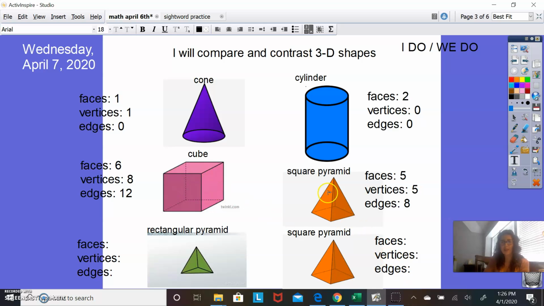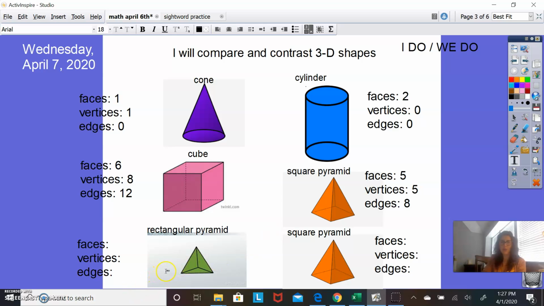We have a square face and triangle face. So if you said something that is the same between these two shapes is that they both have square faces, you would be correct. This one has a square face. This also has a square face.